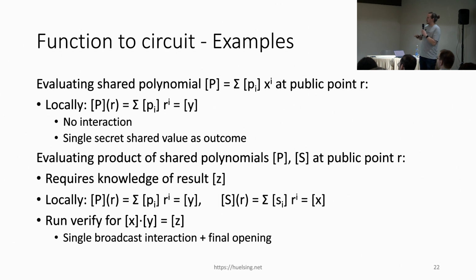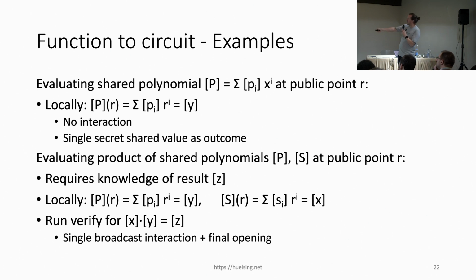Okay, so if we're convinced that we can do this, we can look into what kind of circuits these are. An interesting example that we will see in a moment is evaluating a shared polynomial at a public point r. We have a polynomial where the coefficients are secret shared, and we're evaluating it at a public point.